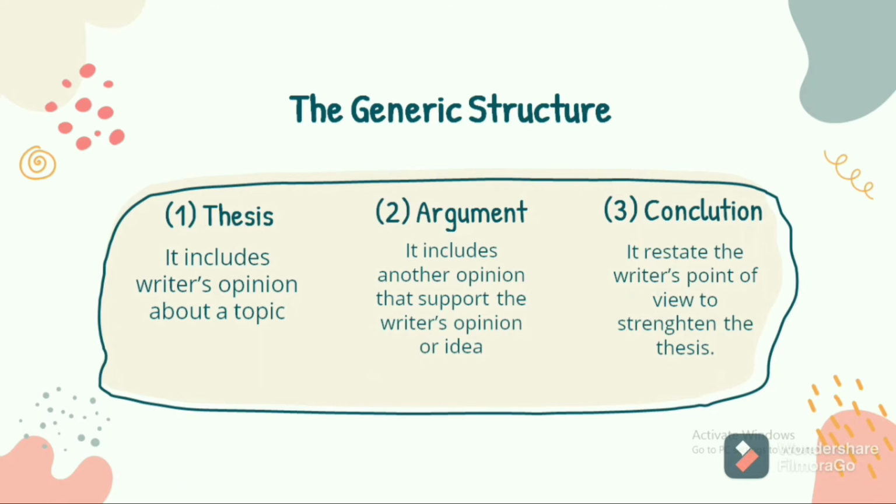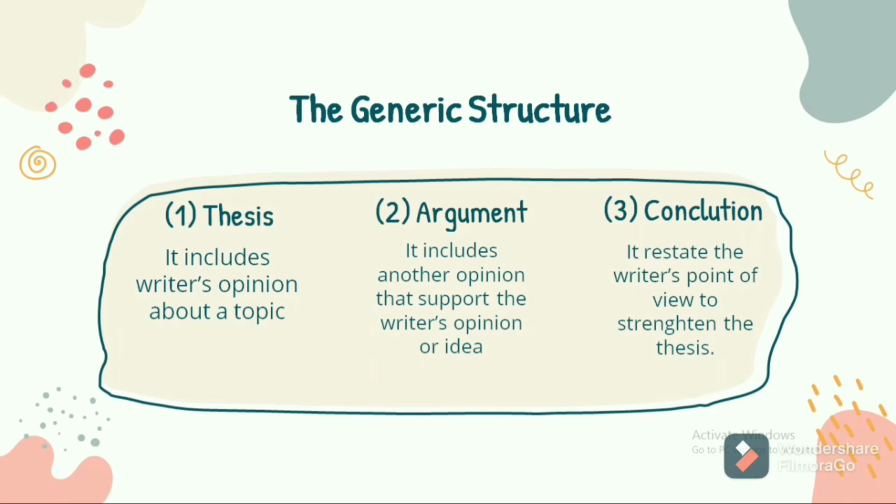And usually, the opinions are according to the writer's point of view. Next is argument. Here, argument includes other opinions that support the writer's opinion or idea. The number of arguments may vary, but each argument must be supported by evidence and explanation.